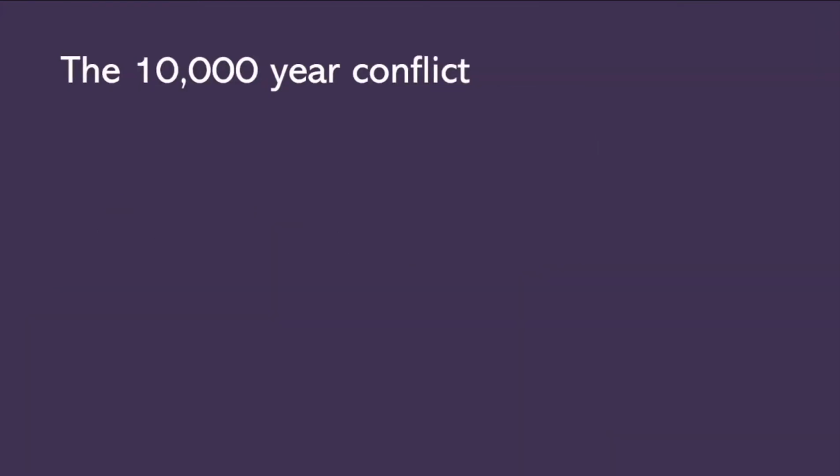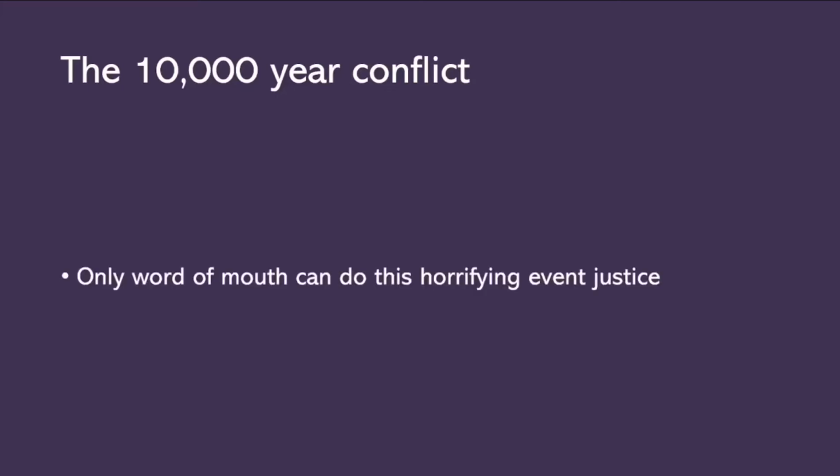So I mentioned that GHC has been in production for about 90 years. That began immediately after the 10,000 year conflict. And the 10,000-year conflict, of course, was between Simon Peyton-Jones and Simon Marlow, and it was primarily based around the fundamental question of whether or not we should allow record types to be in any way useful in Haskell.